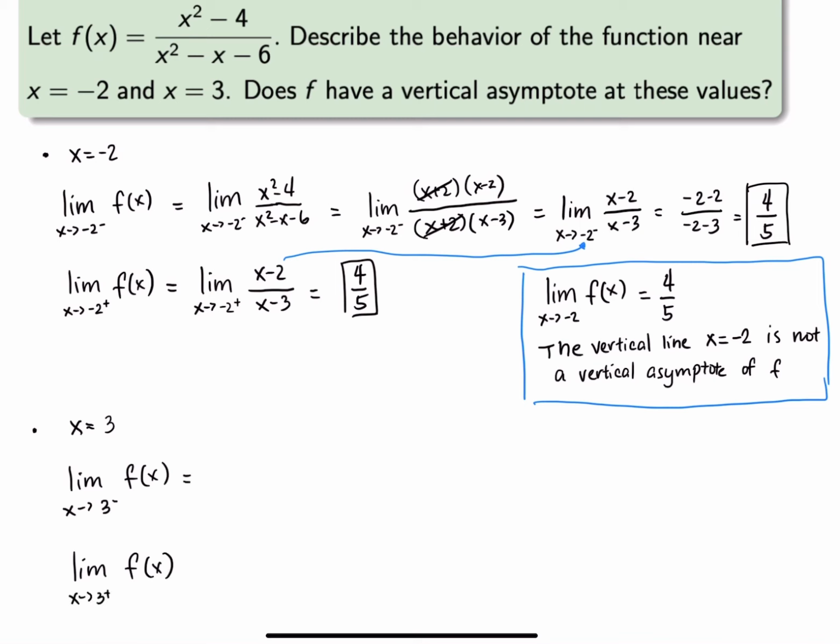Alright, so for the limit of f of x as x approaches 3 from the left, this is equal to the limit of x minus 2 all over x minus 3 as x approaches 3 from the left. So this comes from here.